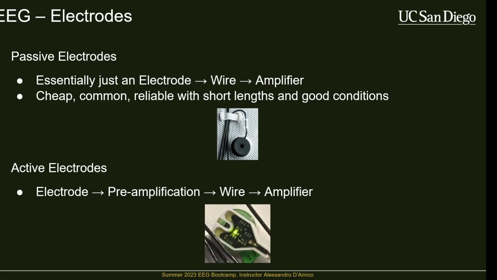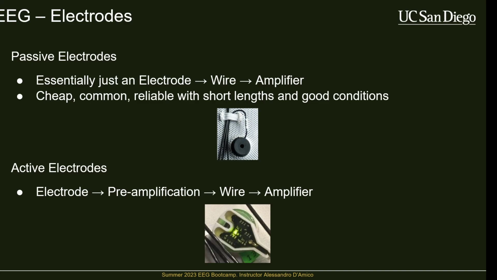But if your signal is very high in amplitude and magnitude, then automatically you get a better signal to noise ratio. In this case, most of the noise is introduced as the signal is propagating down the wire towards the amplifier in a passive electrode. With an active electrode, you're recording that signal and immediately amplifying it, so that when it goes down that wire, the relative power of that signal is so large that any corruption from the outside environment is going to look tiny.